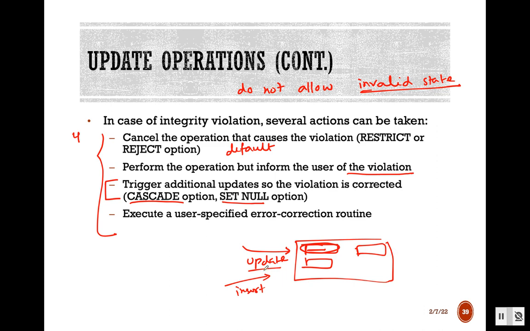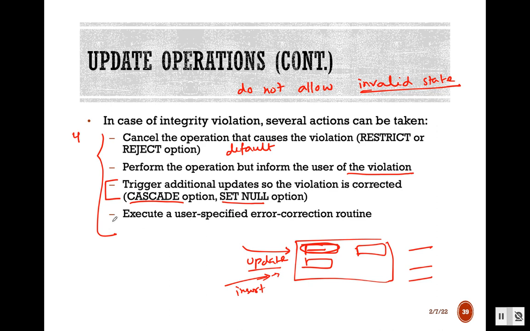So for one insertion, the database may have to run multiple other insertions or deletions, so that at the end the database stays in a valid state. We are going to talk about the cascade and set null options and see a couple of examples.